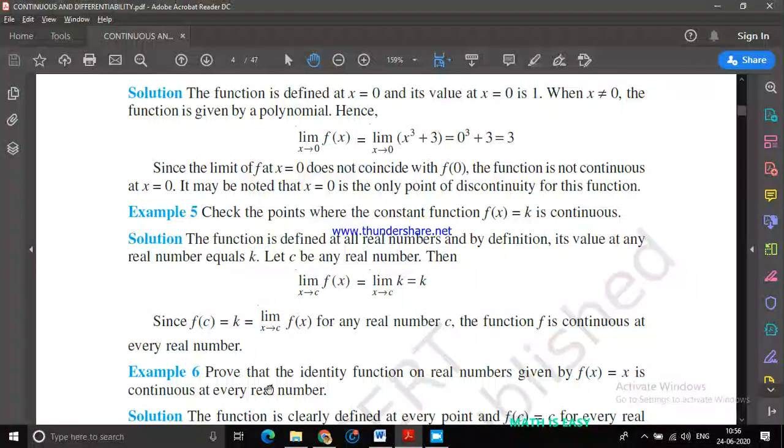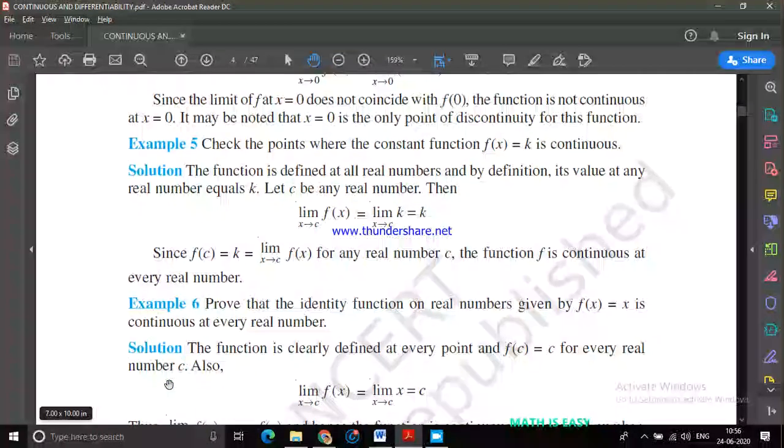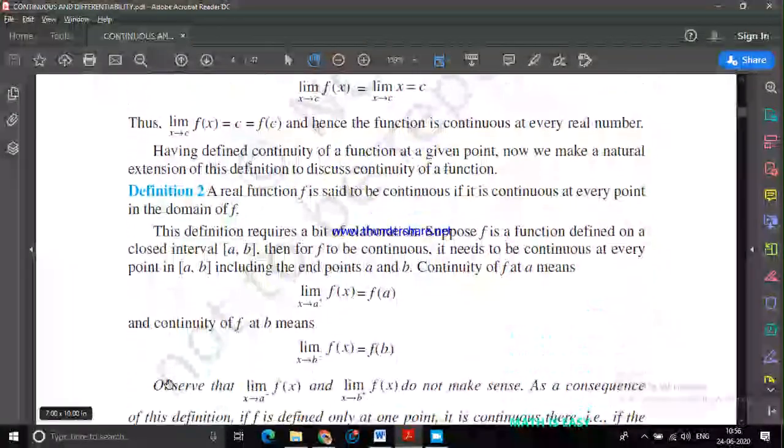So if at every point in the domain the function is continuous, then I can say the function is a continuous function. Otherwise I have to say the function is continuous at x equals 1 or at x equals 0 or at x equals -1. At that particular point the function is continuous or not, I have to mention. But if I want to say the whole function is a continuous function, then it has to be continuous at every point in the domain. Okay, so that is the definition which they have mentioned here, definition 2.